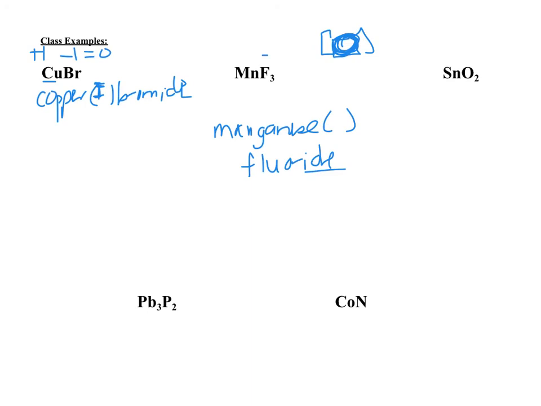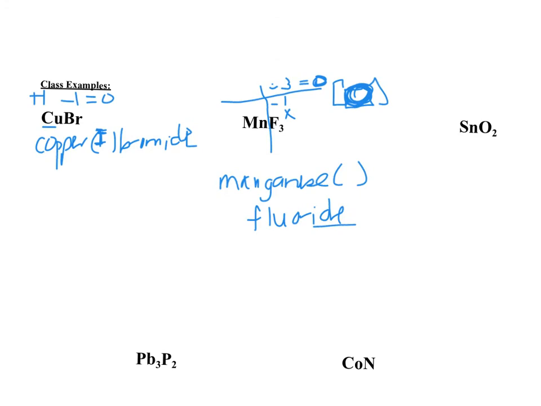We know that one fluorine ion is -1, but there's 3 of them, so I'm going to multiply that and get a -3 total charge. We know the whole thing has to balance to 0. So that means the overall positive must be a +3. There's only one manganese, so that one manganese must be carrying a +3 charge.